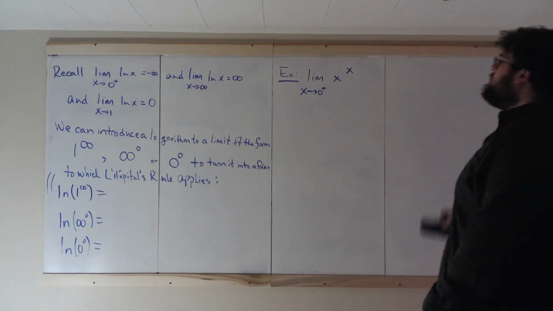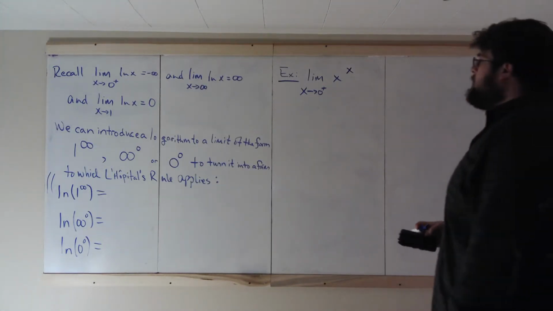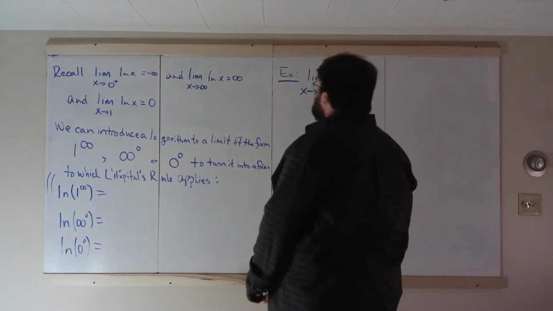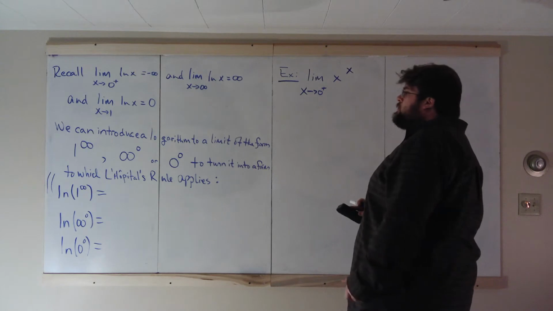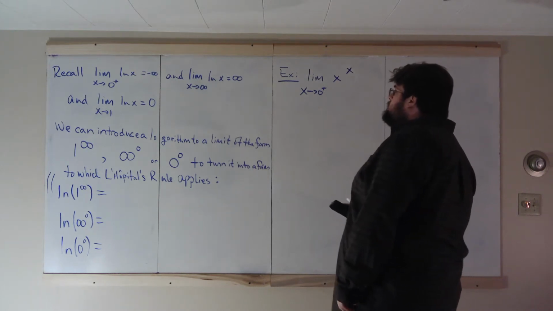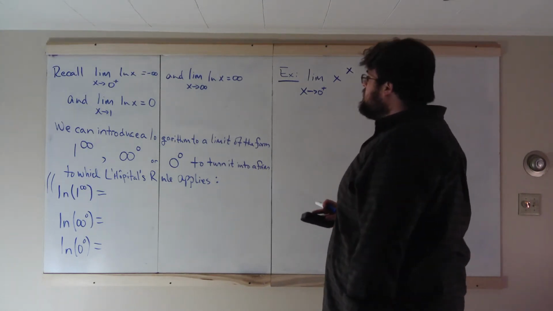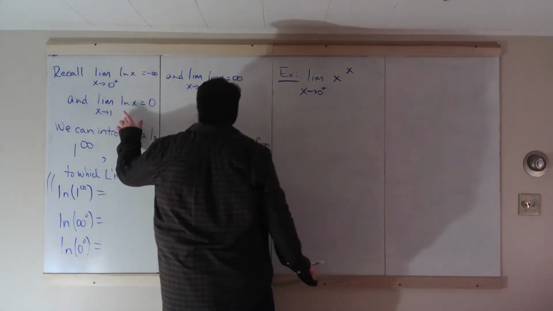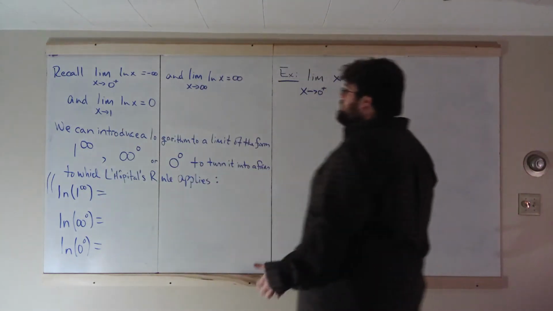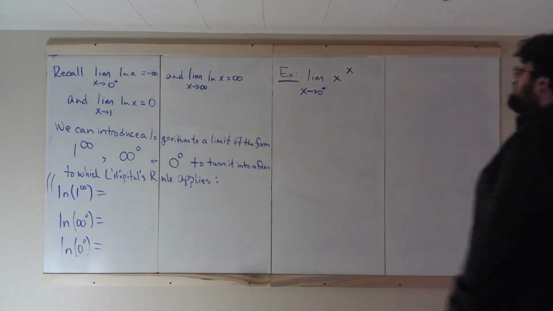Now first, we're going to recall 3 limits using natural logarithm. We've talked about all of these at some point. As x goes to 0 from the right, log x goes to negative infinity. We just saw that. As x goes to infinity, log x goes to infinity. We saw that a moment ago. And as x goes to 1, log x goes to 0, because e to the 0 is 1.